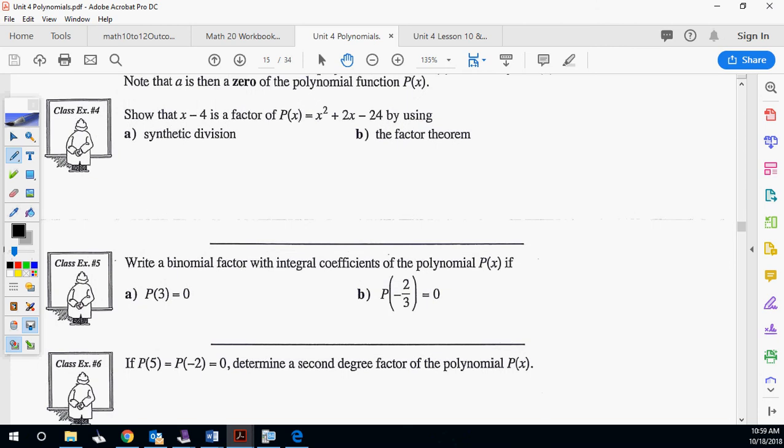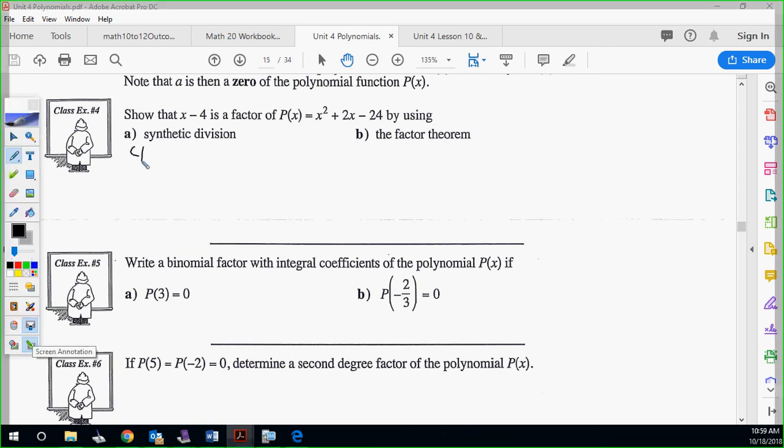So show that x minus 4 is a factor with synthetic division and by the factor theorem. Okay? So what we do is synthetic division. We use 4. Okay? We'll go through this. 1, 2, negative 24. Factor theorem means we're doing p of 4.